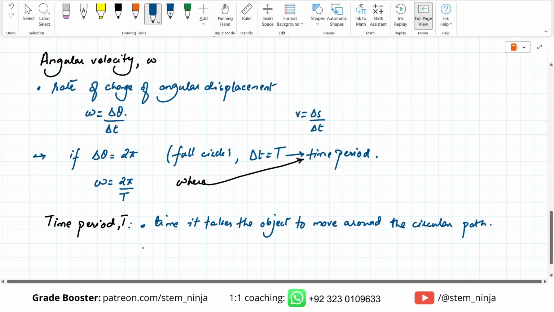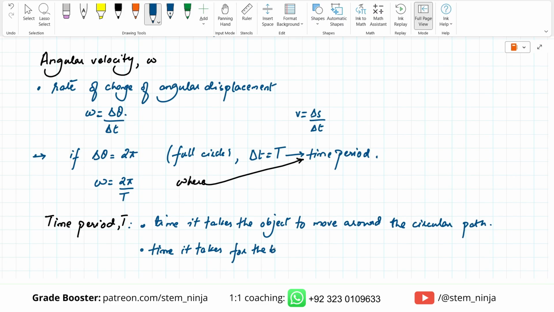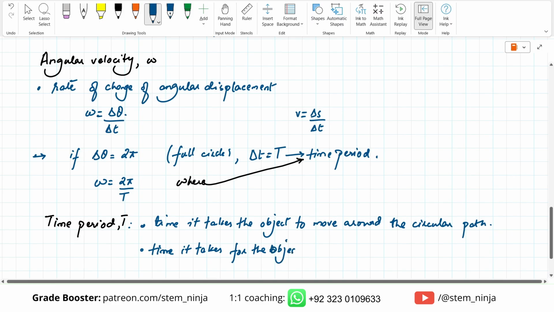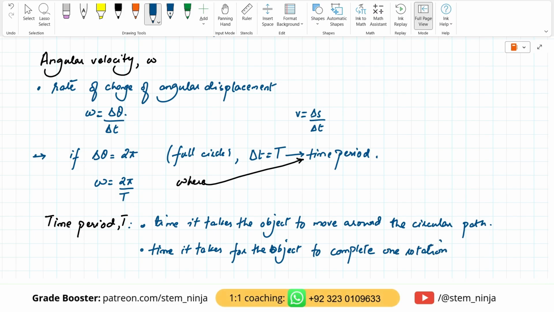Or the time it takes for an object to complete one rotation of the circle.